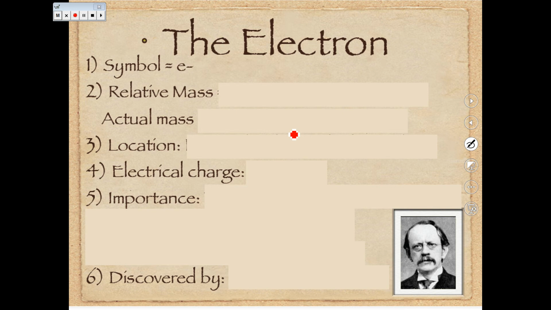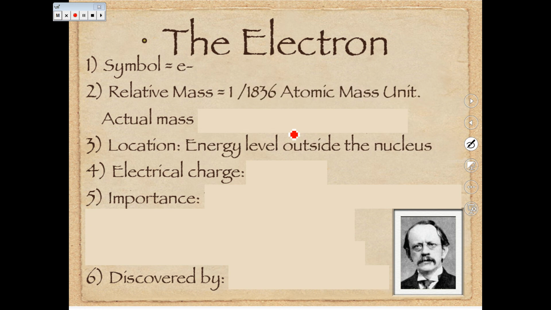The electron. The symbol for the electron is the E with the negative symbol. Again, very simple to remember. E stands for electron. Negative shows you the sign. Its relative atomic mass is 1/1836, a very small fraction of an atomic mass unit.